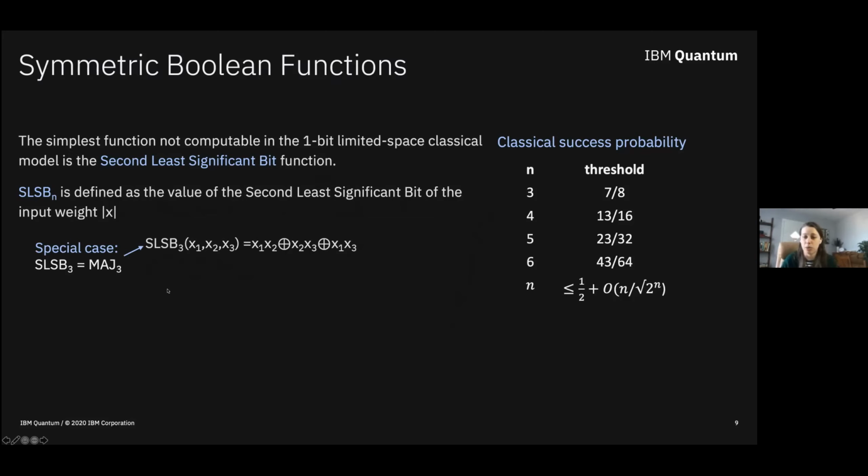This is equivalent to the majority function. And in the paper, we work out for n bits what the classical threshold would be. So our test of quantum advantage in this restricted space is whether we can compute these functions on our quantum system with a higher success rate than these thresholds.